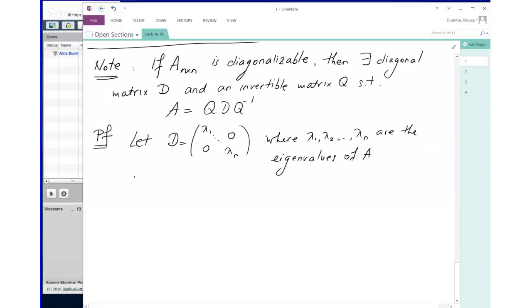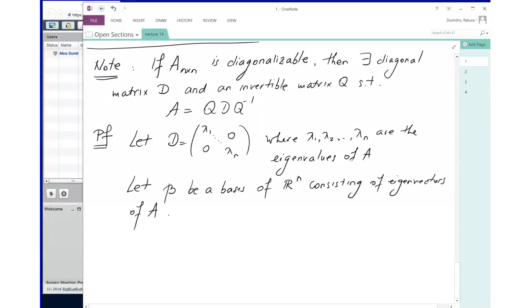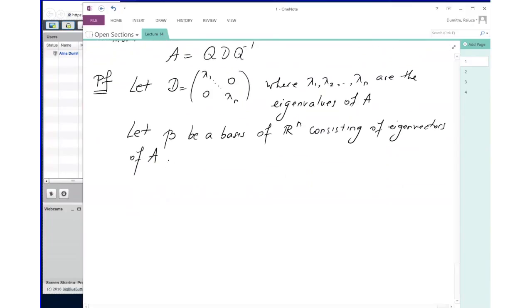Here's how we get it. So A is diagonalizable, so there exists a basis for Fn consisting of eigenvectors for A. Fn, let's say it's Rn, because let's say we're using entries from R. And let beta prime be the standard ordered basis of Rn.